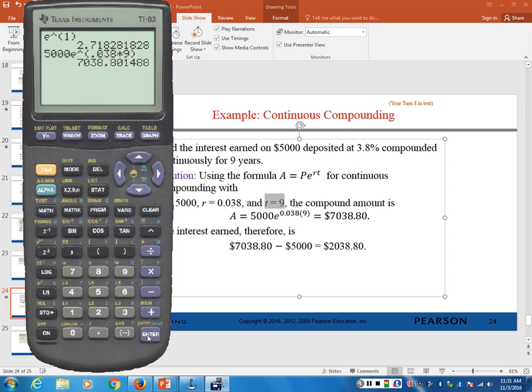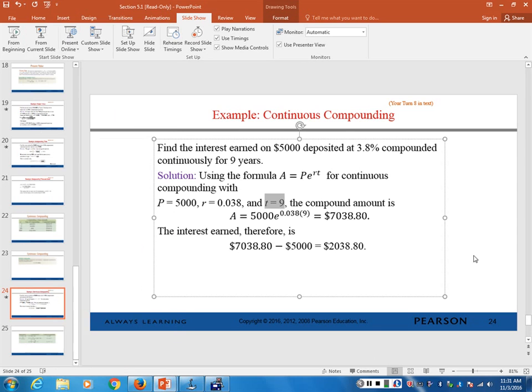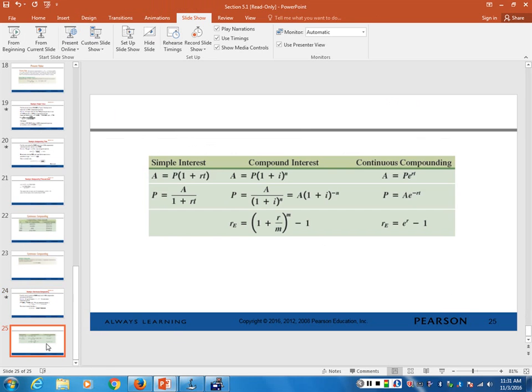Once again, I will give you the formulas. You don't need to memorize them. Questions on that one? So these are all the formulas that we've looked at in this chapter. I will give you the formula, and it is up to you to remember what all those variables stand for.